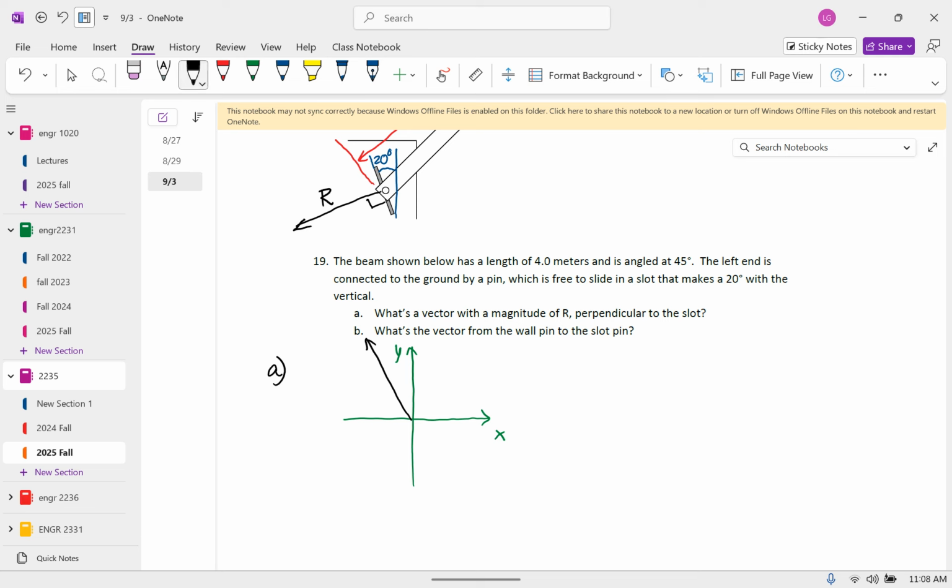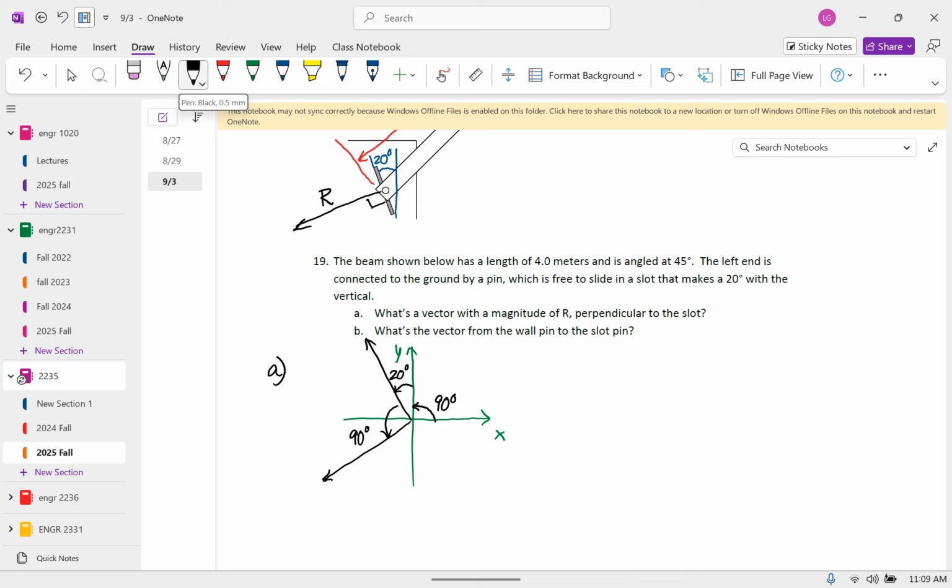And then my second vector is going to be perpendicular to this, so it's going to be this way, and this angle is going to be 90. And this angle was 20. So now to get the unit vector components, I'm going to start at the positive x-axis, and go 90 degrees this way to get to the vertical line, the positive y-axis.